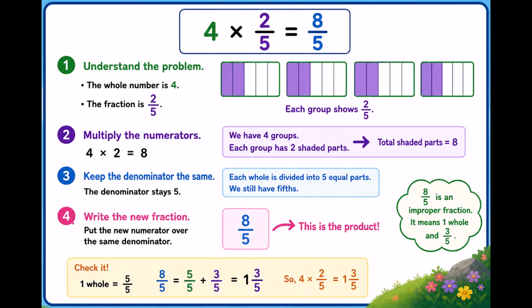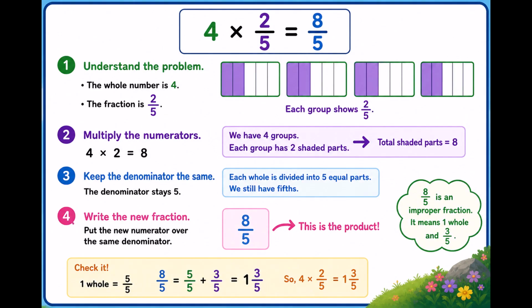So we have 4 groups of something. Each group is 2/5. So imagine 4 sets of squares, or rectangles, and 2 parts out of 5 in all 4 rectangles being shaded. We could even call those doors, or panels.